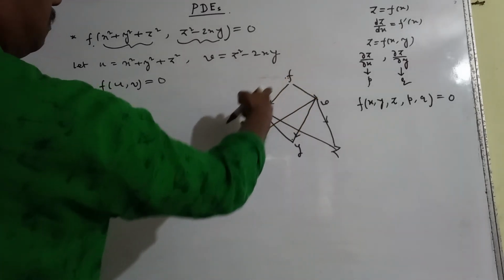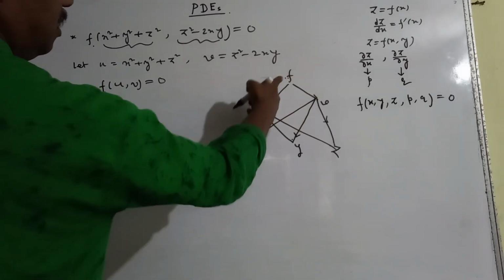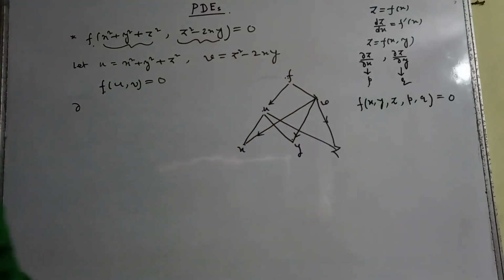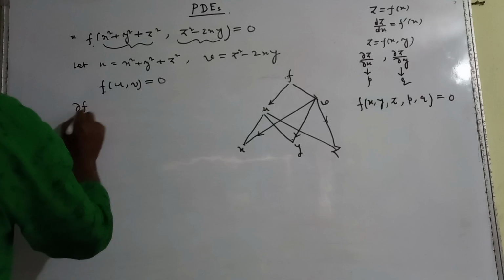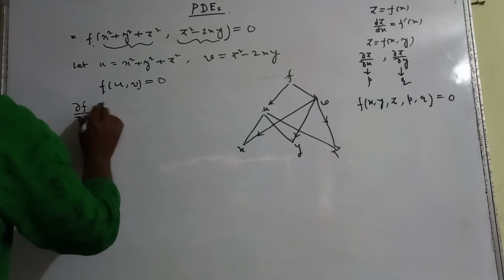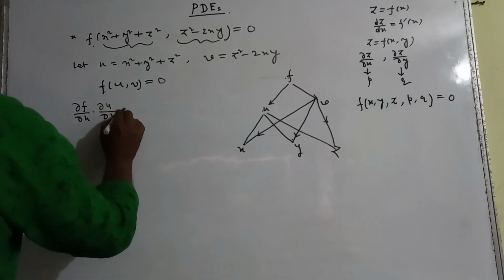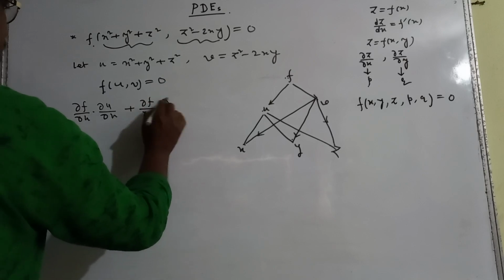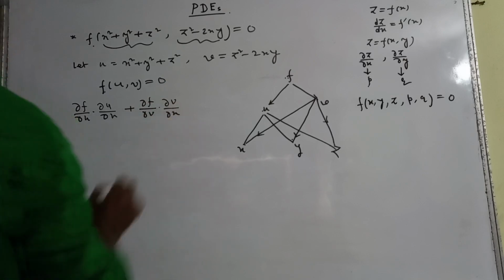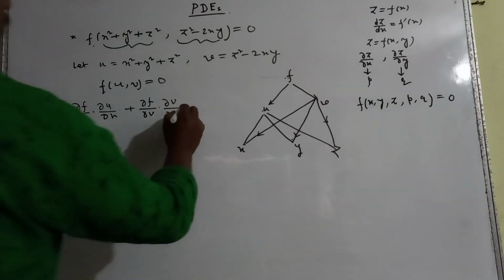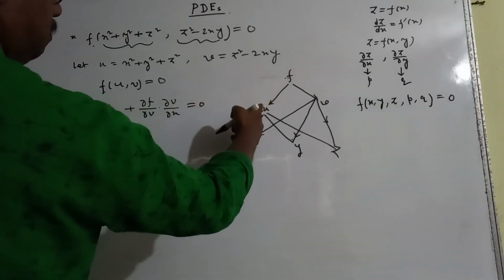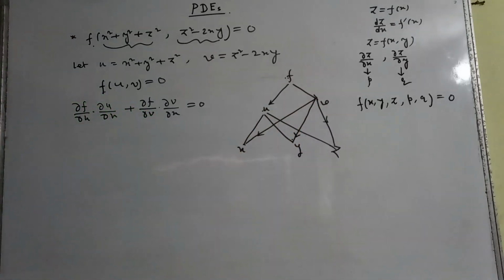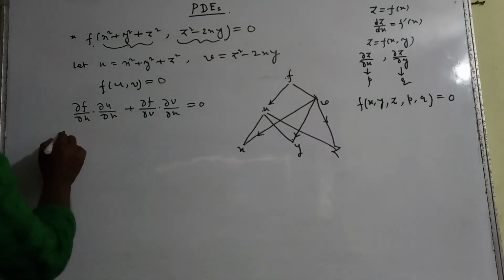So this will be del f del u del u del x plus del f del v del v del x equal to 0.